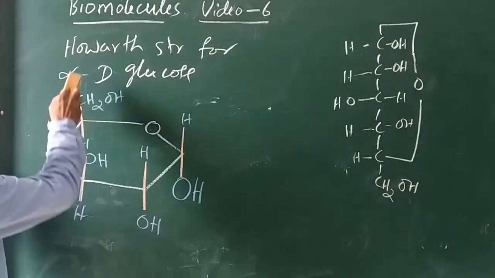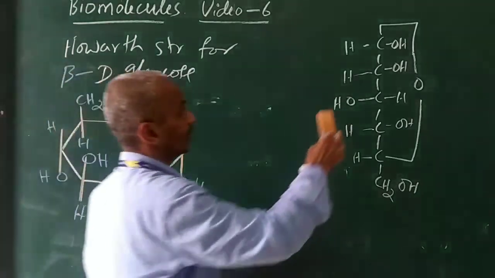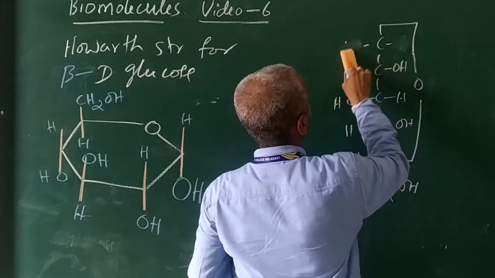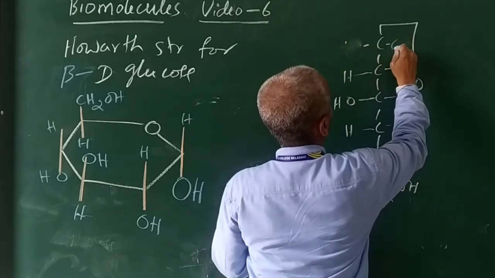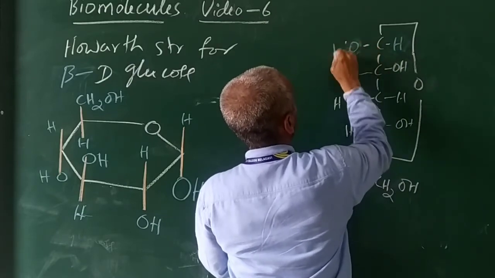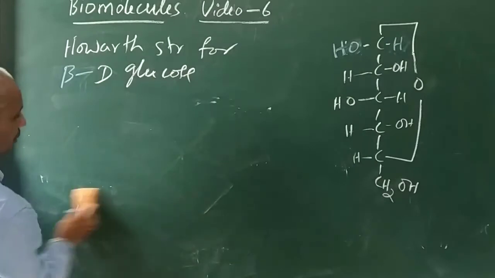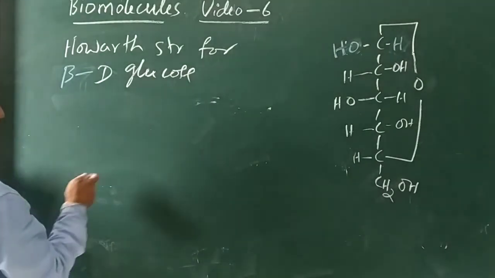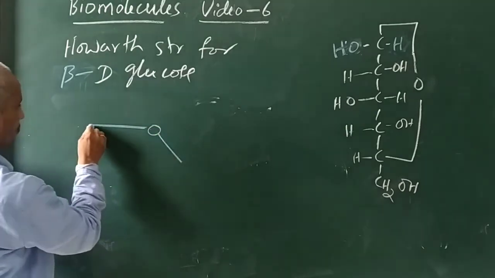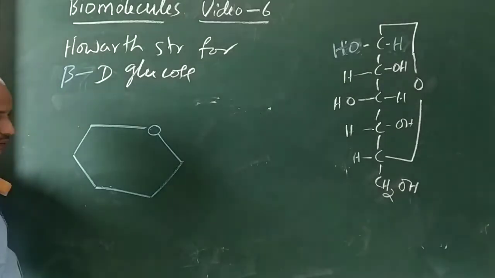Now, to write beta D glucose, what is happening? In beta D, this position's OH shifts. So again, the pyran structure, a 6-member ring.